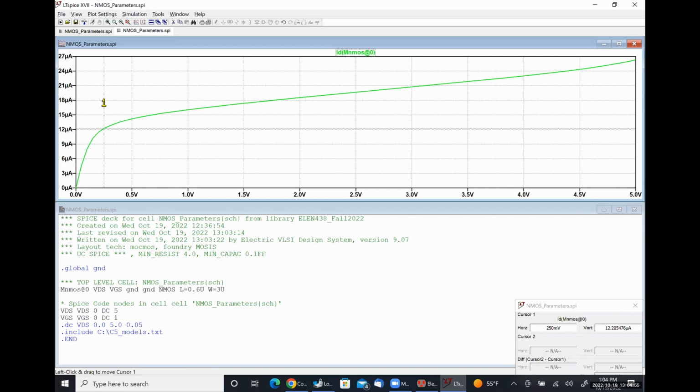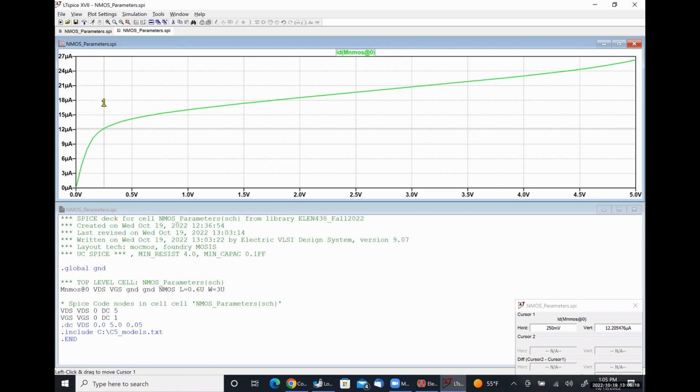So we have 12.2 microamps is equal to 1/2 times, I'm going to call this KPN, where this is just mu n times Cox. I'm just giving it a single variable.